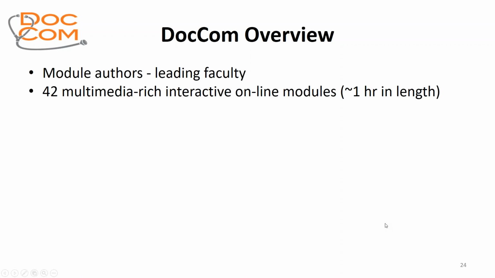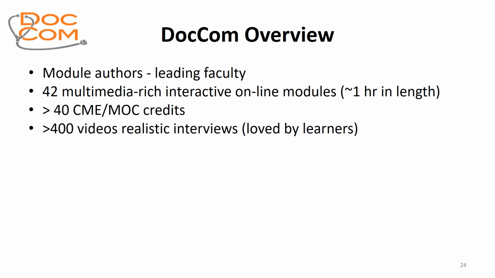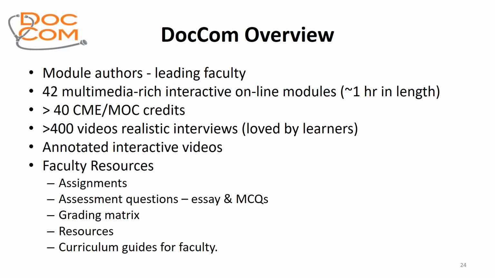So DocCom is comprised of 42 modules, each about an hour in length. We have over 40 CME credits and over 400 videos that are realistic and unscripted. When I've done surveys across all of our users, we're finding that this is what people really love. They love the videos. We also have annotated videos, which are very interesting.